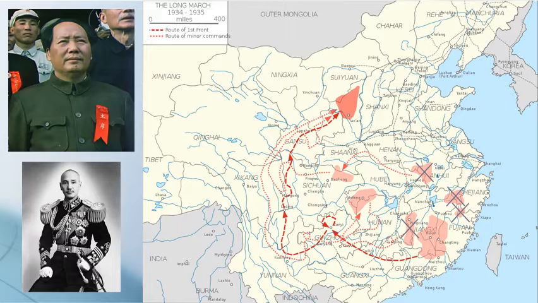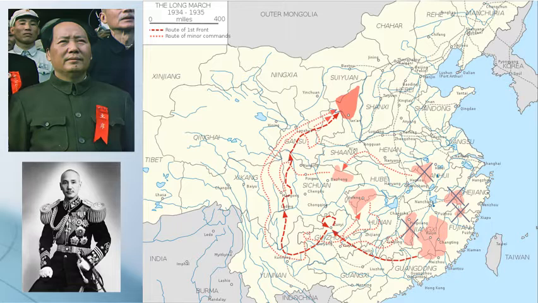But then the Japanese invaded in 1937, and the KMT agreed to suspend the civil war while they fought the Japanese. And so in China, you'll hear that the communist forces defeated Japan, but that is not true at all. The KMT won a very costly victory over the Japanese.